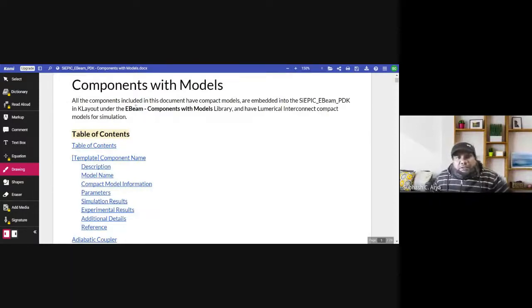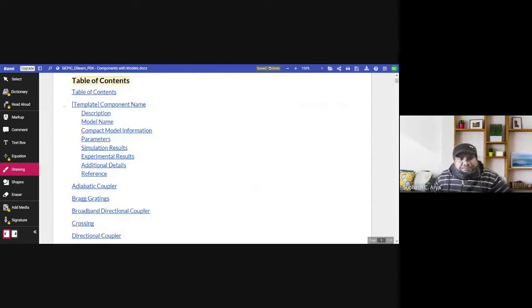All the components included in this document have compact models, are embedded into the SiEPIC Ebeam PDK in the KLayout under the Ebeam components with models library, and have numerical interconnect compact models for simulation. So in this document, the table of content is given like this: description, model, compact model information, parameters, simulation results, experimental results, additional result references.